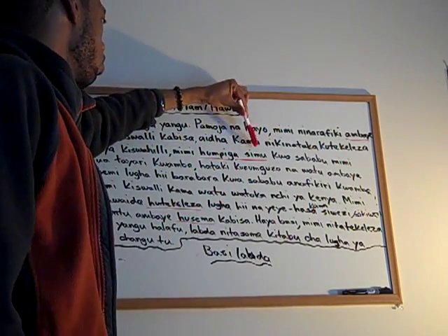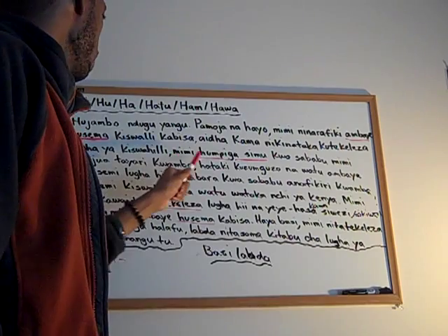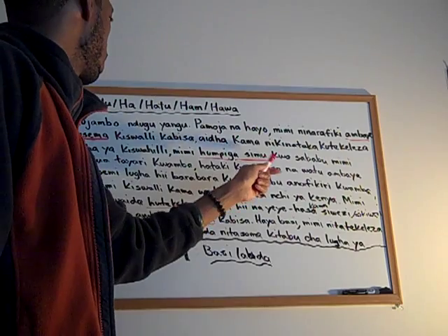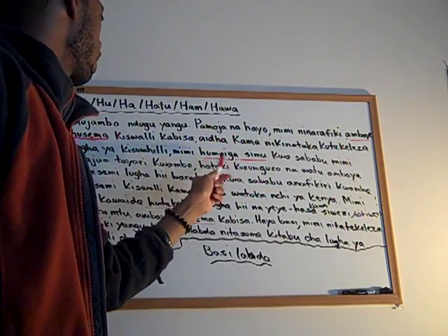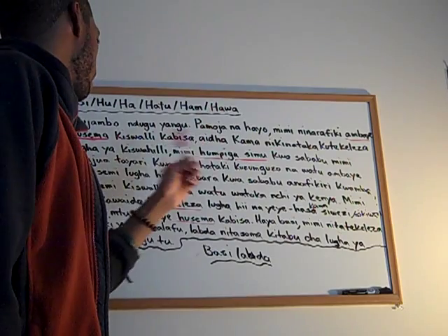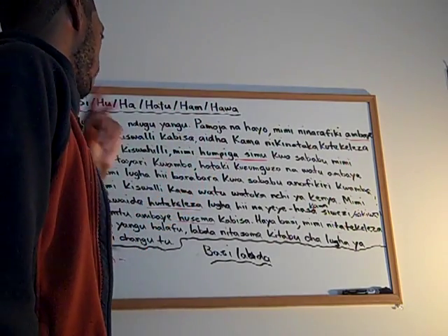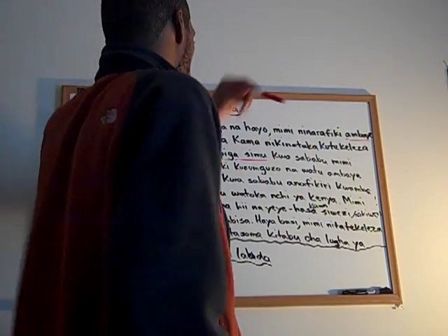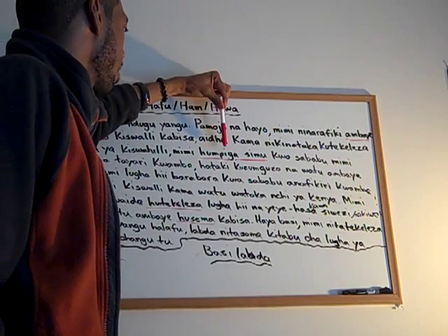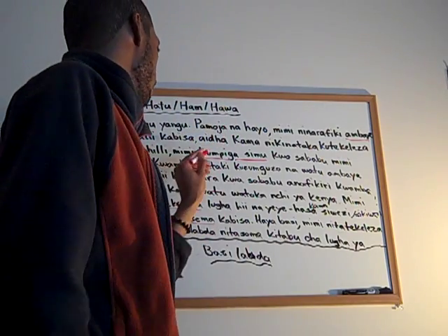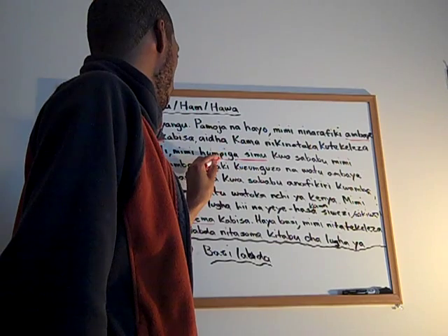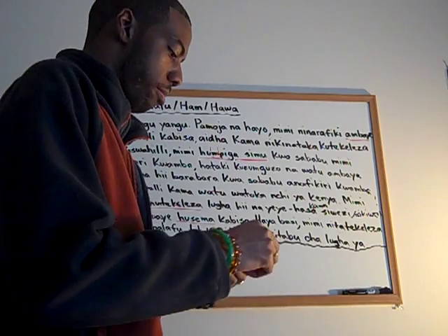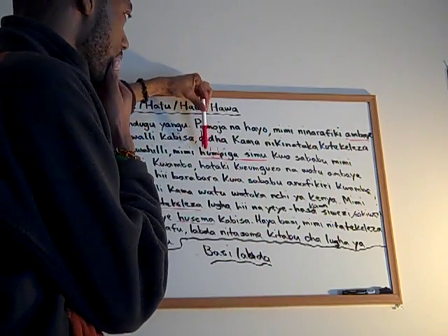So mimi humpiga simu. Let's see. Mimi humpiga simu kwa sababu mimi ninajua. So it's basically I call him because I already know that he doesn't like to speak with people who can't speak this language fluently. So in humpiga we have hu, and then the m, which they do in Swahili: when you're marking an object, they normally put it in the middle, in between the two verbs.